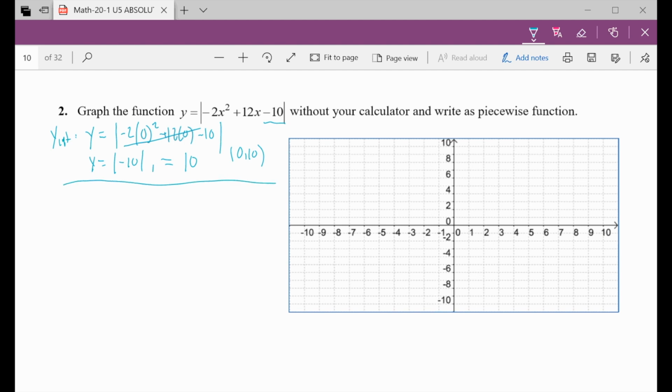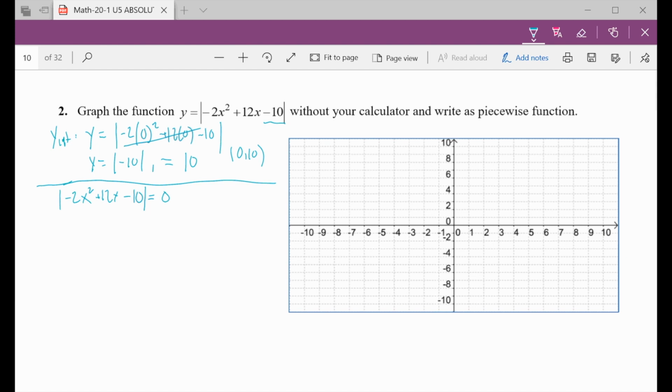Well, we're going to have to determine the x-intercepts as well. You get the x-intercepts when y equals 0. So when the absolute value of negative 2x squared plus 12x minus 10 equals 0, you should be able to find the x-intercepts. Let's take the absolute value signs away. We don't know the final values of these numbers, so you can pretty much ignore the absolute value sign in this case.